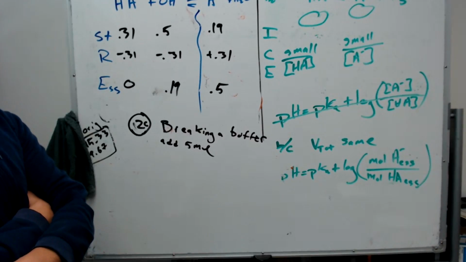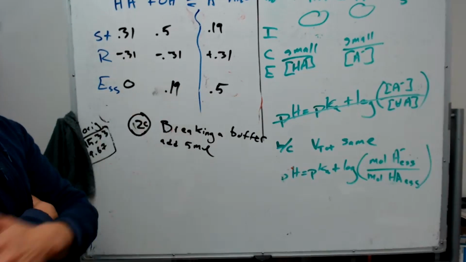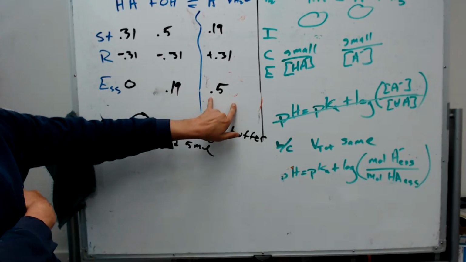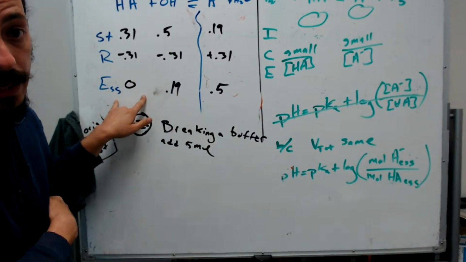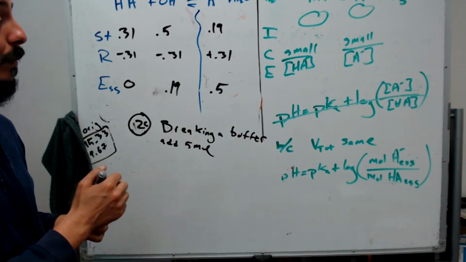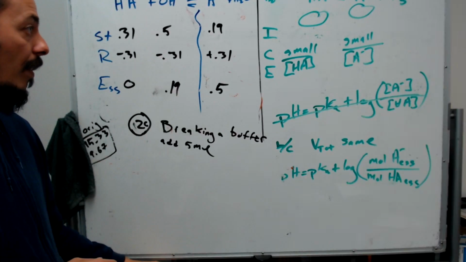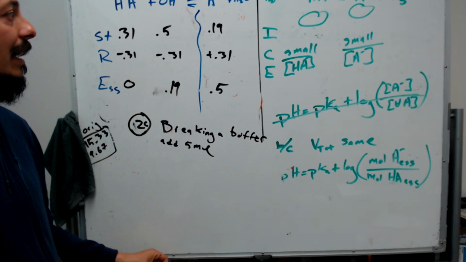Can we use the Henderson-Hasselbalch equation if we are not in the buffer region? Well, first off, are we in the buffer region? Got conjugate base? No. I got no weak acid. We're not in the buffer region. We can't use Henderson-Hasselbalch. So that means we can go and look at doing our equilibrium.